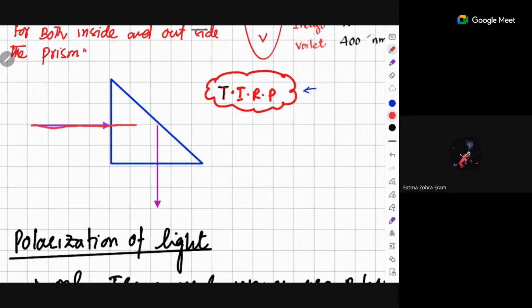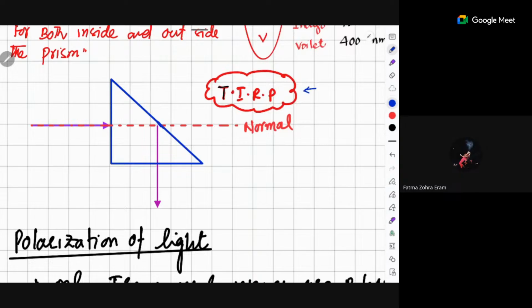This is the normal to the surface, and the light enters parallel to the normal, isn't it? Yes, Fatima. Light is incident along the normal, right? Yes, sir. It is entering parallel to the normal, perpendicular to the surface, but parallel to the normal.